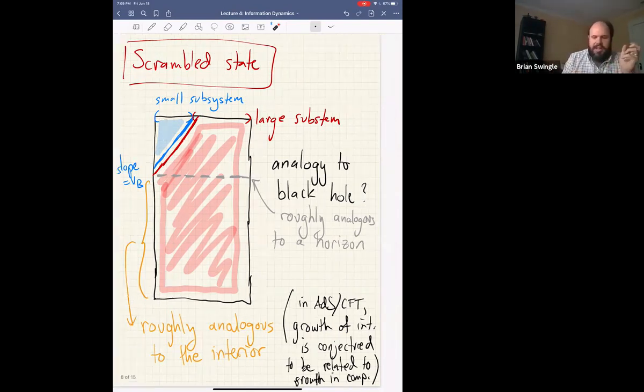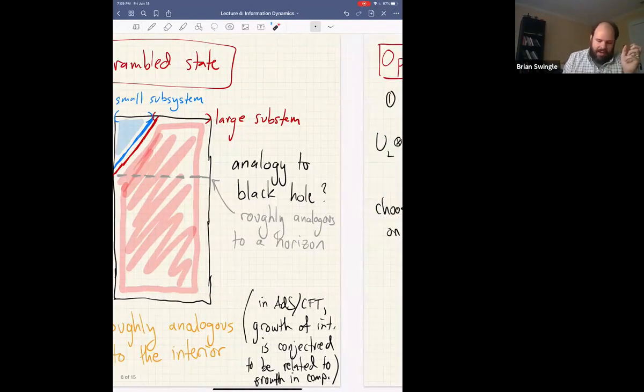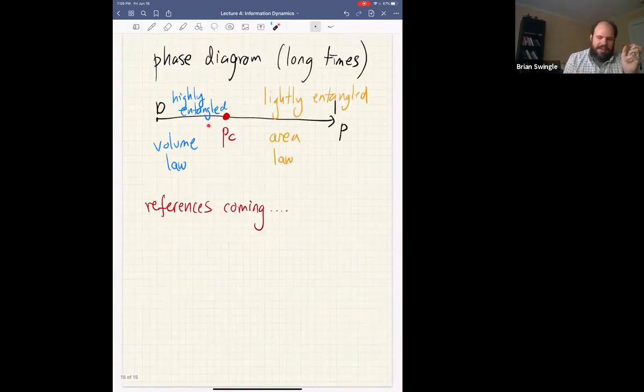So there's an important insight about why this highly entangled phase is possible at all, which comes from the fact that these scrambled states encode information very non-locally and form a kind of code. And the high probability where you're measuring very rapidly, that's, I would say, physically more obvious.